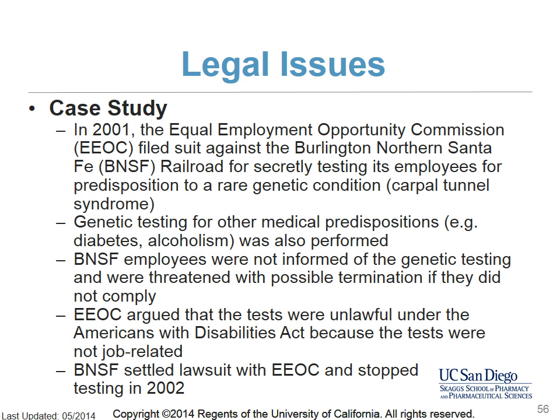The railroad company employees were not informed of the genetic testing and were threatened with possible termination if they did not comply. So the Equal Employment Opportunity Commission argued that the tests were unlawful under the Americans with Disabilities Act because the tests were not job-related. So finally, the Burlington Northern Santa Fe Railroad Company settled the lawsuit and stopped testing their employees in 2002.